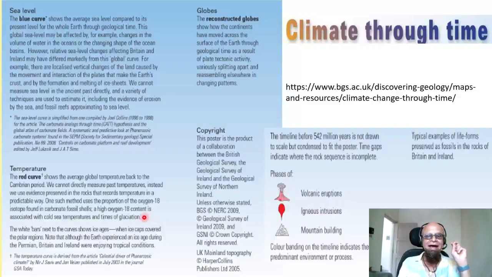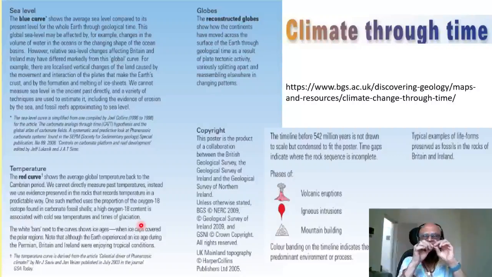A high oxygen 18 content, which is called O18 affectionately, is associated with cold sea surface temperatures and times of glaciation. So you take a coral or a little zooplankton or phytoplankton that has a calcium carbonate shell.